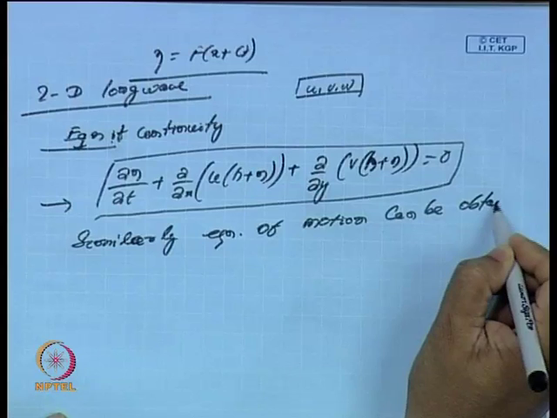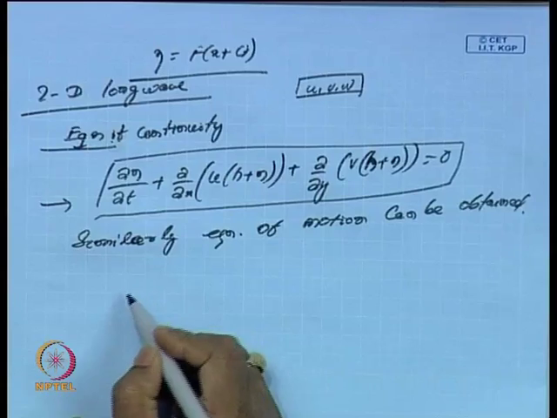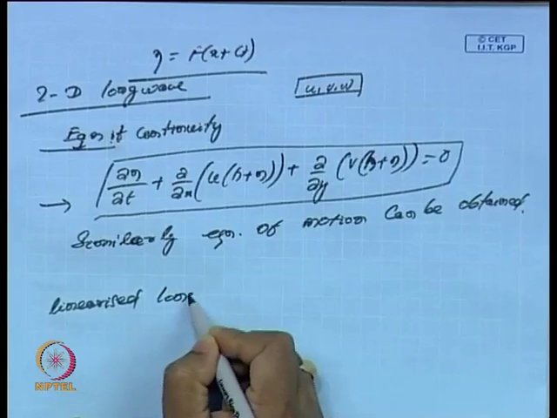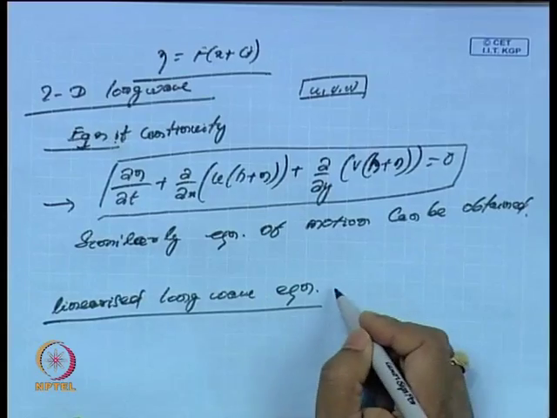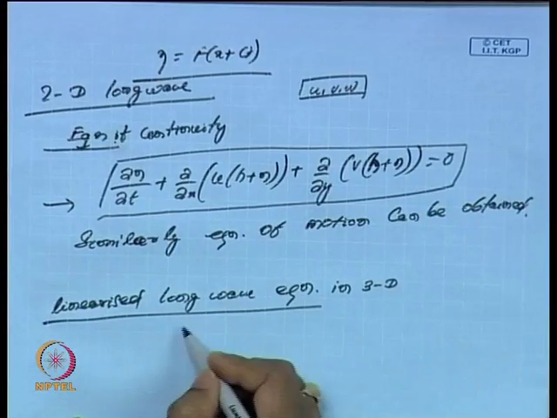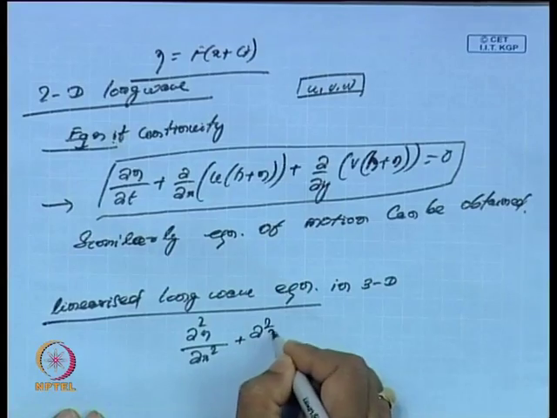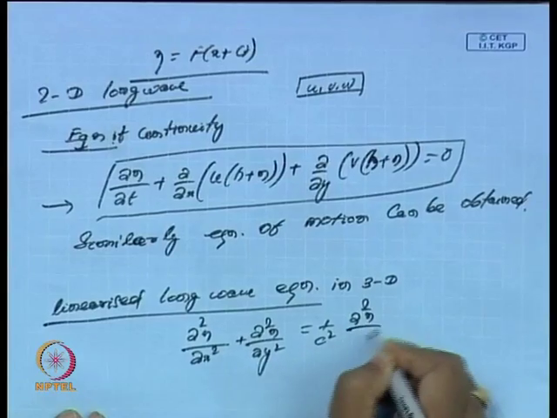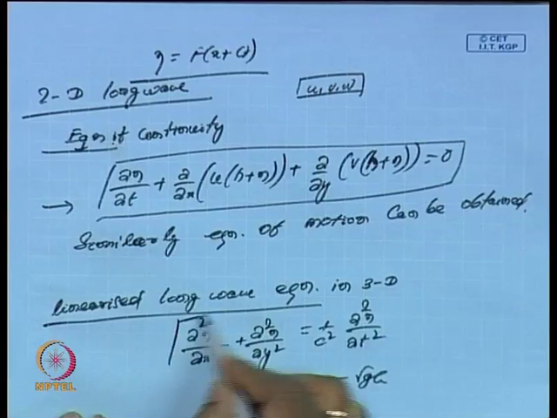It can be shown that the linearized long wave equation in a 2-dimensional or 3-dimensional fluid domain will be del square eta by del x square plus del square eta by del y square equals 1 by c square del square eta by del t square, and here again c is root g h.